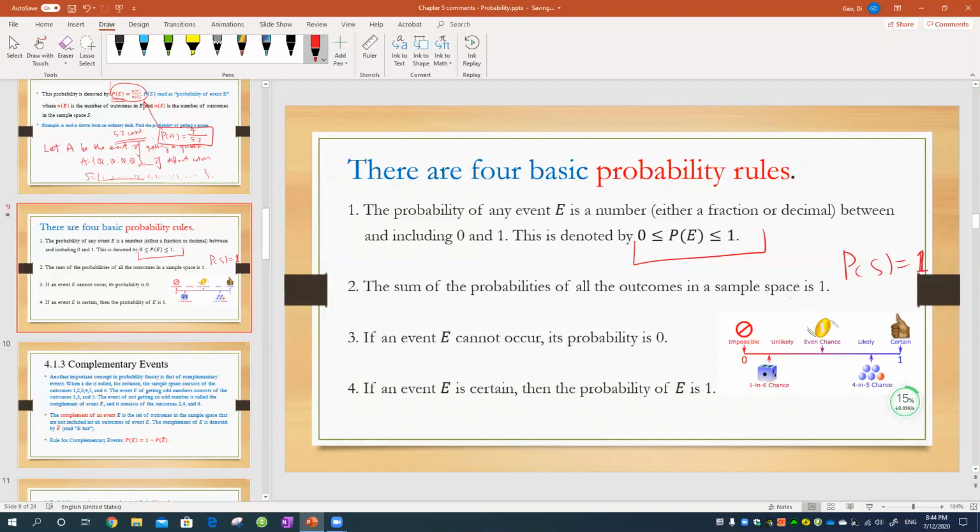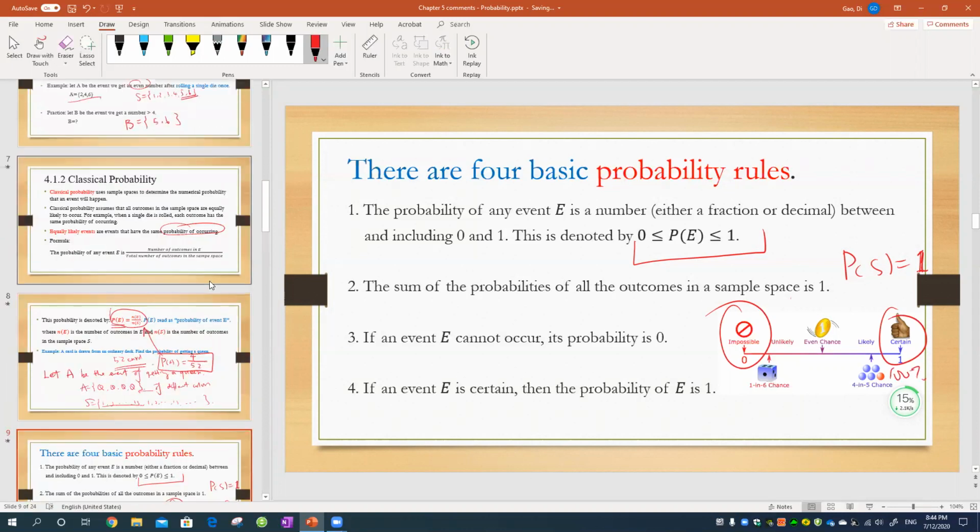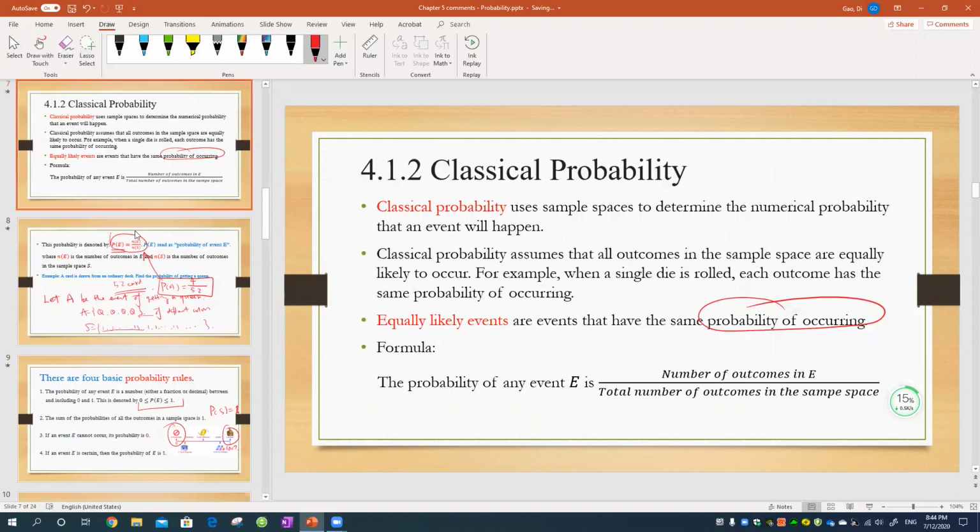And then if an event cannot occur, its probability is 0. So when you say impossible, it's going to be 0. And the fourth one, when it's certain, you say 1. That is the same as 100%. So that's part 2, the classical probability.